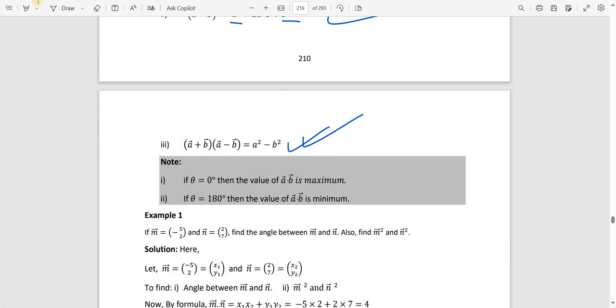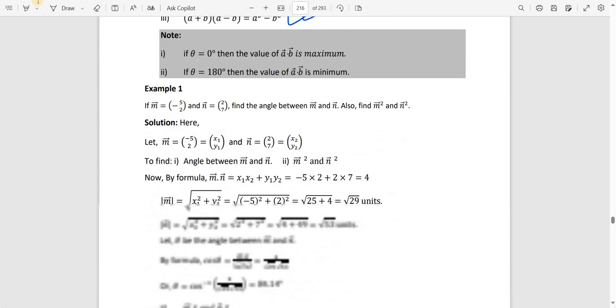If theta is 0, the value of A is the maximum. If the theta is 180, then it's minimum.